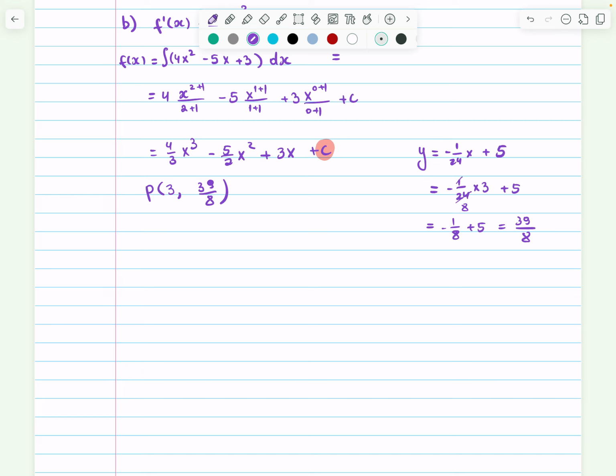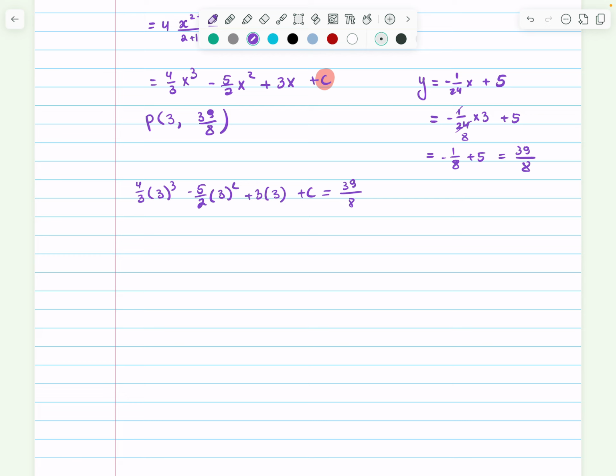So now all I have to do is say 4 divided by 3 times 3 cubed, minus 5 divided by 2 times 3 squared, plus 3 times 3, plus c, equals 39 divided by 8.